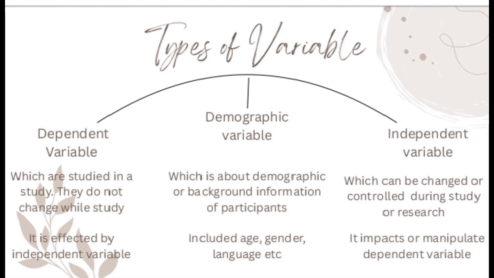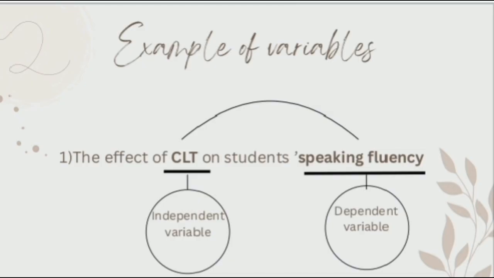Here we have an example of variables. This is a title of an experimental design: the effect of CLT, communicative language teaching, on students' speaking fluency. CLT is a method for teaching the English language. Here we are checking the impacts of CLT on the fluency of students.